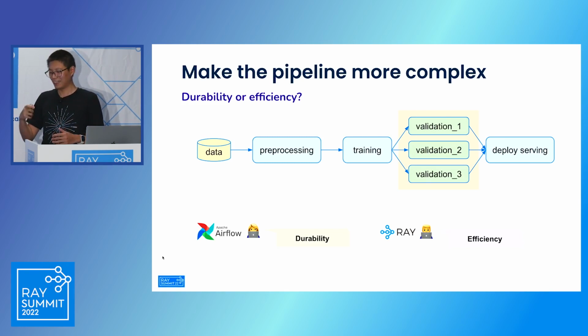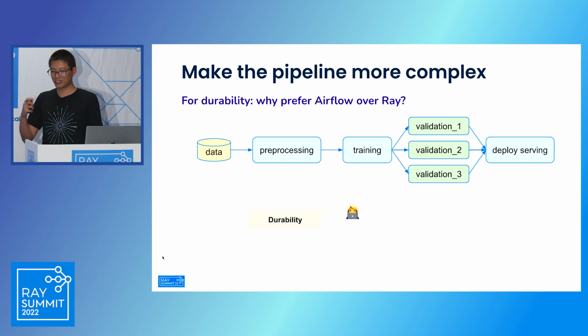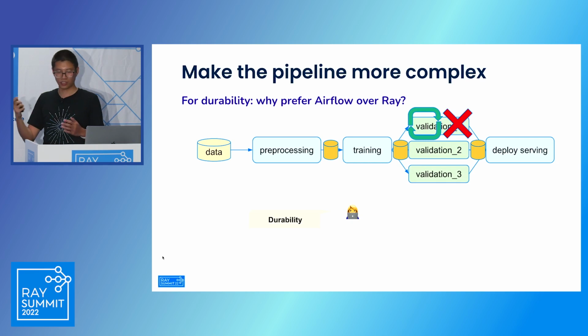Let's see why. From Alice's point, because Alice is using a workflow system, if a task fails in a workflow system, you only need to rerun the failed task, because the output of the previous task is already checkpointed in a workflow system, so the task output is durable.